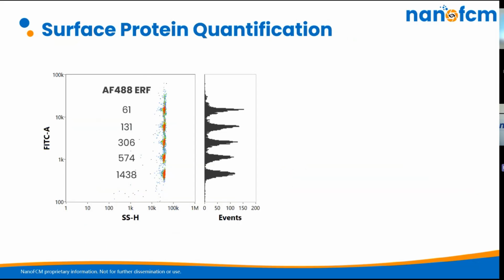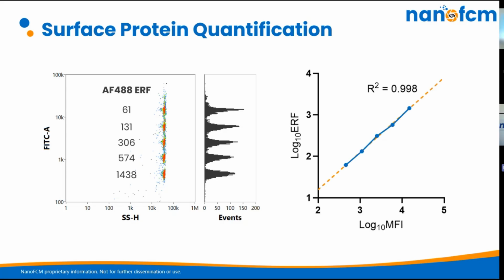Some advanced analysis we can do with surface quantification, and this is true for any particle, not just EVs, but we have a set of standards where this is a population of silica particles, or silica standards, with 5 populations of beads, each containing relative brightness equivalent to 61 fluorophores of AF488 and going up to 1,438 fluorophores. What we can then do is we can plot the intensity of each bead with the number of fluorophores to arrive at this equation.